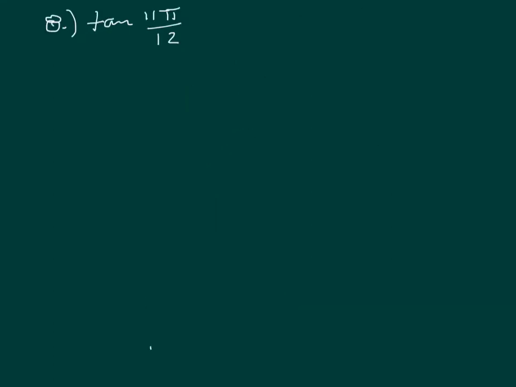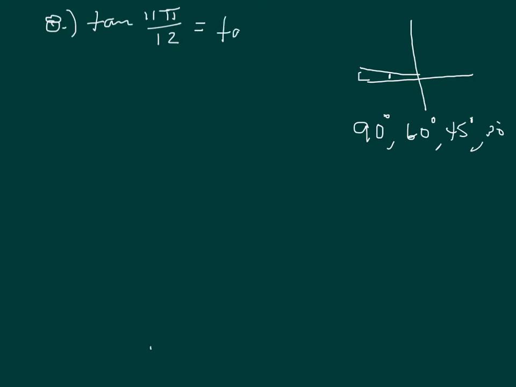In problem number 8, we desire to find the exact value of the tangent of 11 pi over 12. 11 pi over 12 is this angle here, which would be 15 degrees. If we look at that as one of the angles we know, 90 degrees, 60 degrees, 45 degrees, 30 degrees, we see that this is equal to the tangent of 120 degrees, 2 pi over 3, plus 45 degrees, pi over 4.